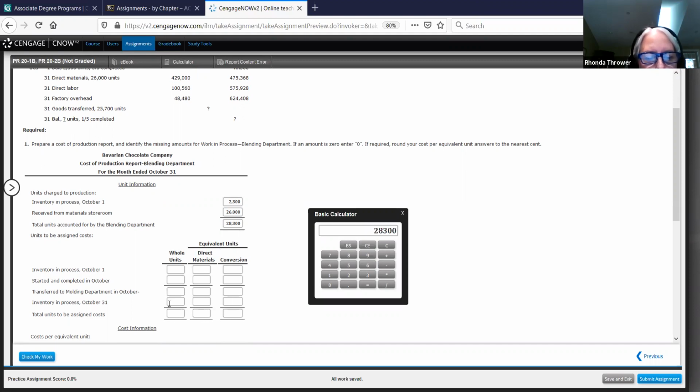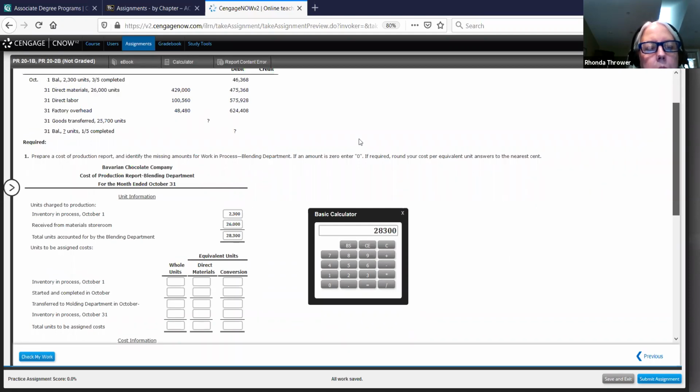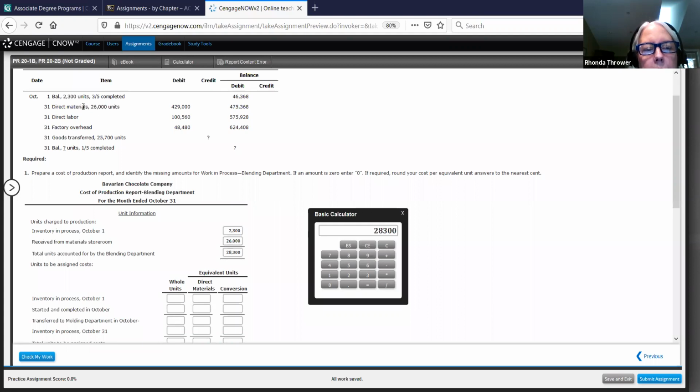So start with this first column here and complete this first. What they're asking you for is the inventory in process at the beginning of October. Well, we know from the information in our ledger account that we had 2,300 whole units that came from our beginning inventory.